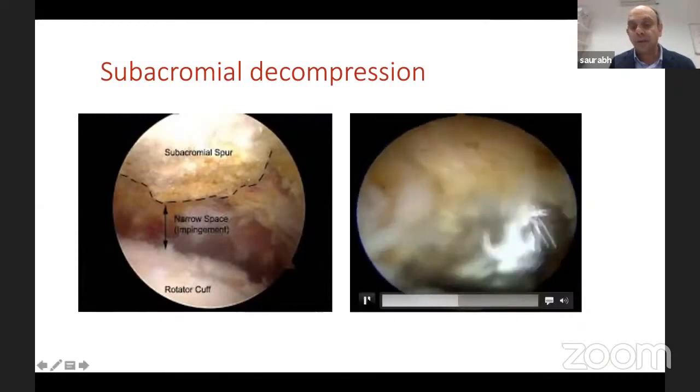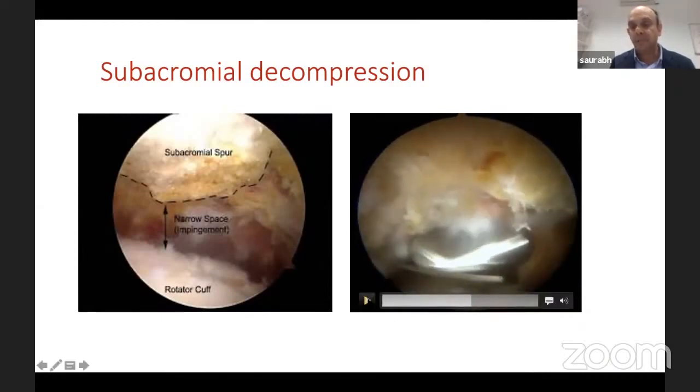You bring your bony shavers and you shave off acromion. Now a little tip here is, because this was a very gentle curved acromion, I have just generally shaved it because I was making videos as well. Otherwise, a tip is you start on the lateral edge, anterolateral edge. You calculate how much acromion you want to take off, depending on the size of acromion. You make that much divot here, and once you know you made a divot of 8 millimeters, you just need to extend that through the entirety.